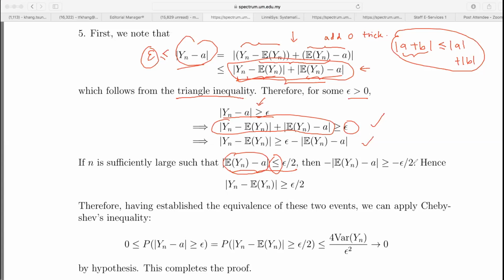And therefore, what you want to do is, because you want to work with this part, this is epsilon minus this E, so less than or equals to epsilon. We want something that is less than or greater than this thing, so we got it here. So plus minus epsilon over 2, that gives you your epsilon over 2.